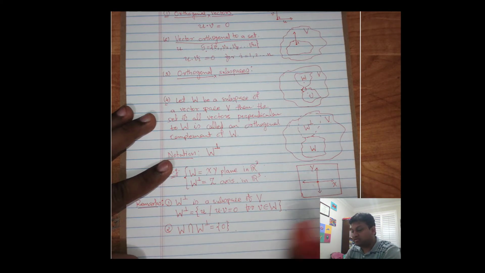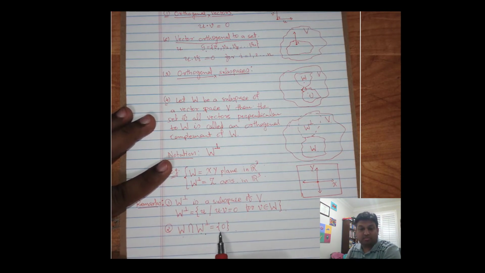Alright, 0 vector is the only vector that is orthogonal to everything in W and everything in W perp. Alright, so be sure that you know this is kind of an obvious thing. We can prove it using left side and right side, right? So take any element in here and show that that element has to be 0. Alright, the other way around is trivial, that 0 is already part of both of them.